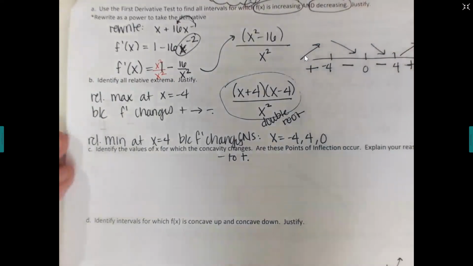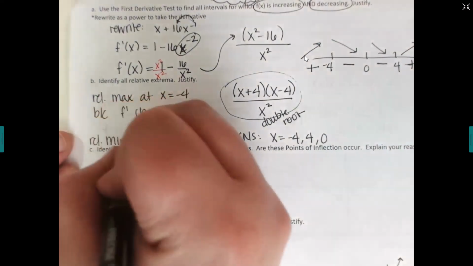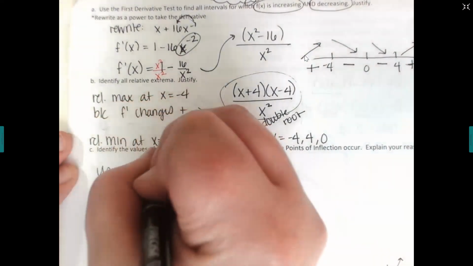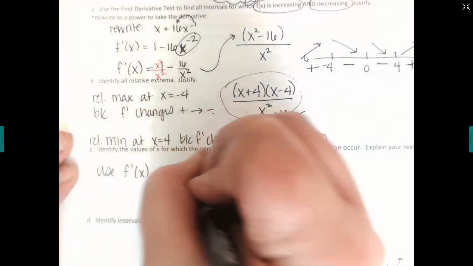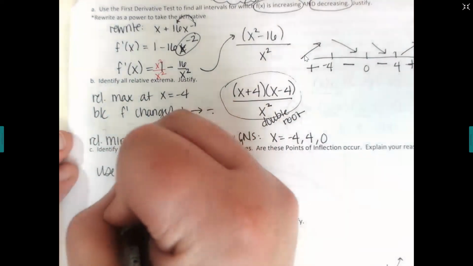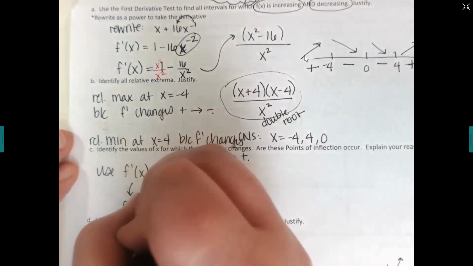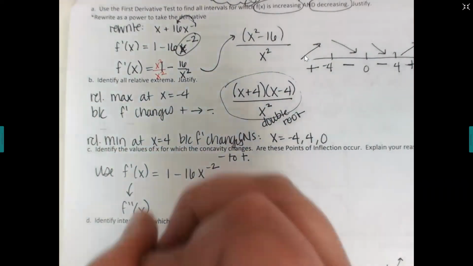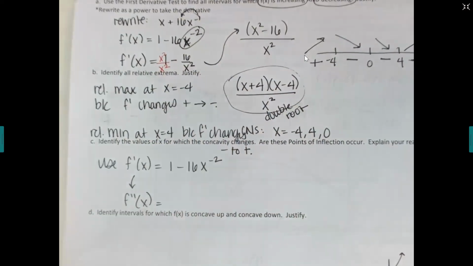So all I want you to write for part C is you want to use f prime of x before you made it ugly. So keep it like that and then take the second derivative. Because if you try to use it in the fraction form, then it's going to end up looking all crazy where you'll have a quotient rule within a product rule and you don't want that.